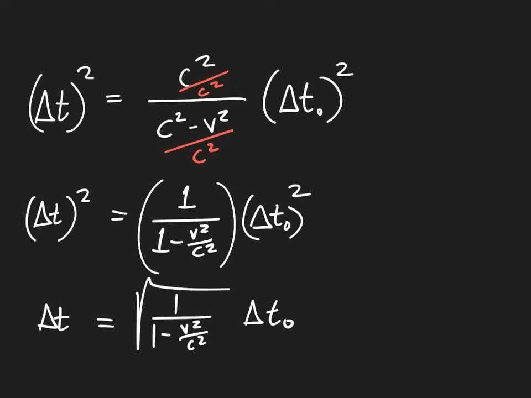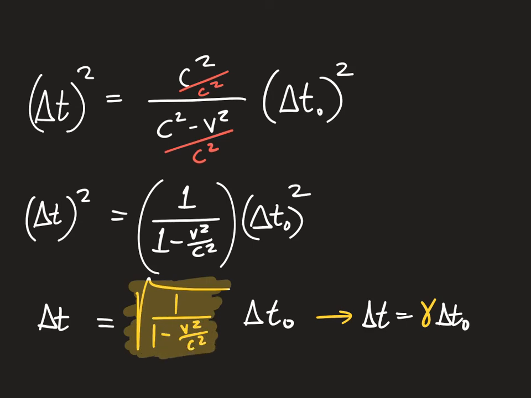And what we end up doing is we call this thing gamma. So delta t will equal this gamma delta t naught. All right, so we create this new letter because it's easier to deal with.